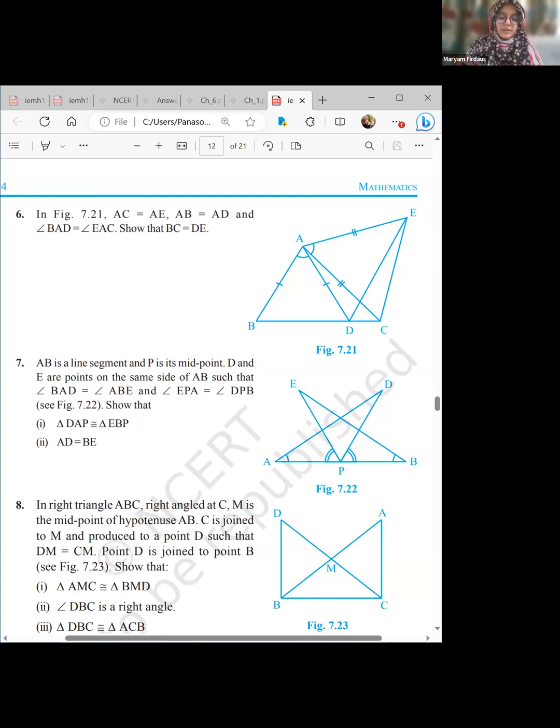So angle EPA is equal to angle DPB is already given to us. So let's add x on both sides of the equation. So adding x to both sides of the equation. Okay. What does this become? This becomes angle EPA plus x is equal to angle DPB plus x.